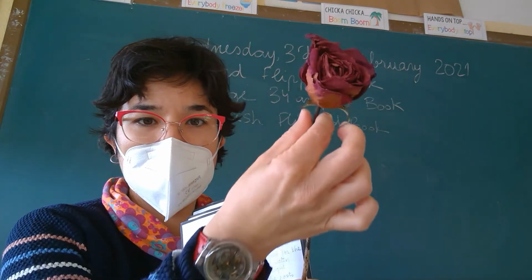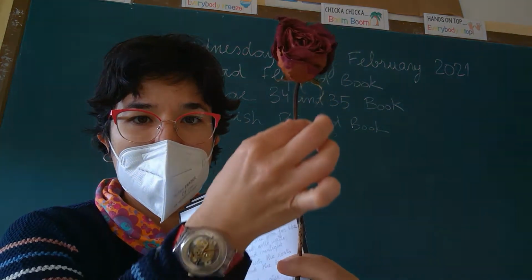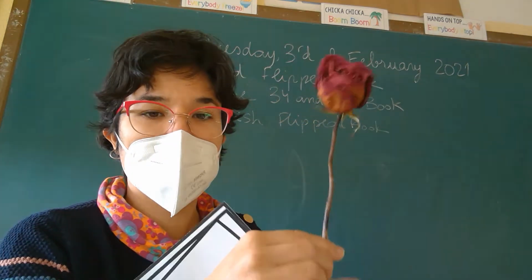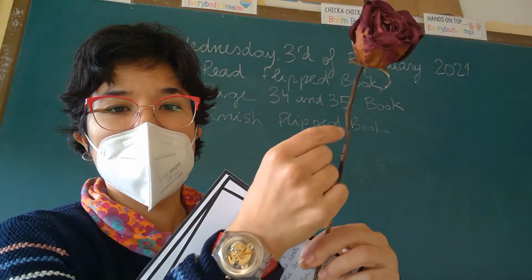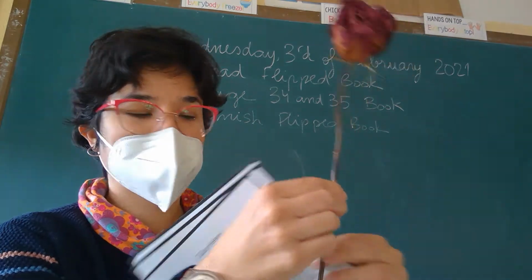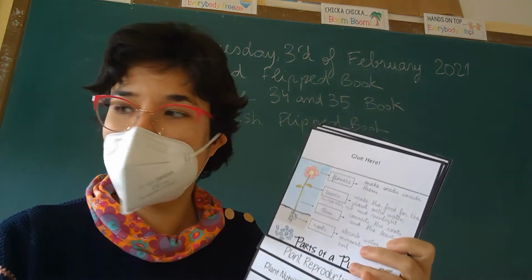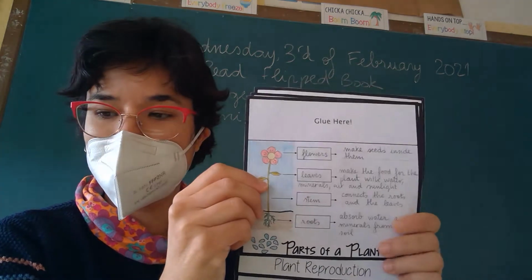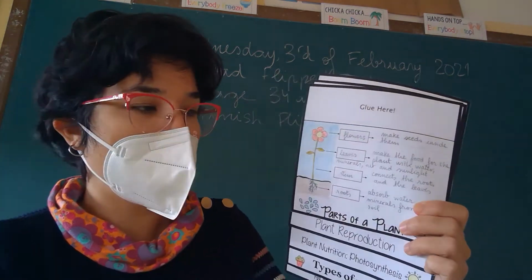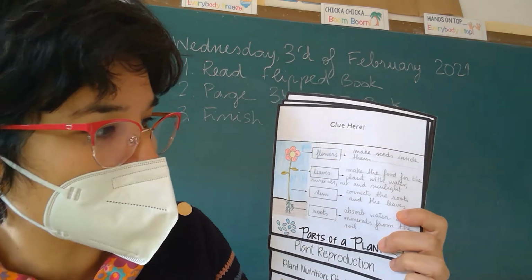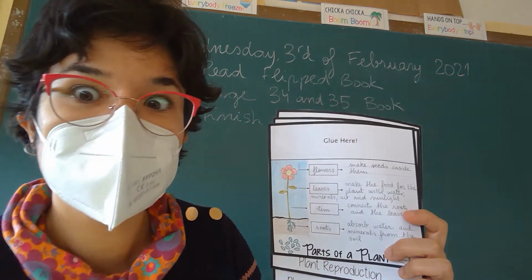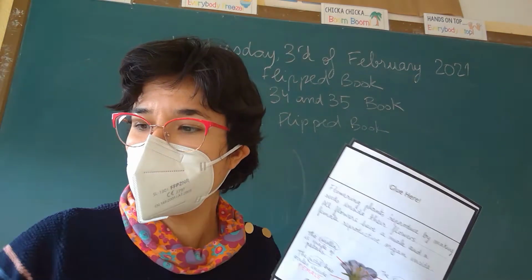The stem connects the roots and the leaves. Roots. Roots absorb water and minerals from the soil. Okay? So let's move to the next page.